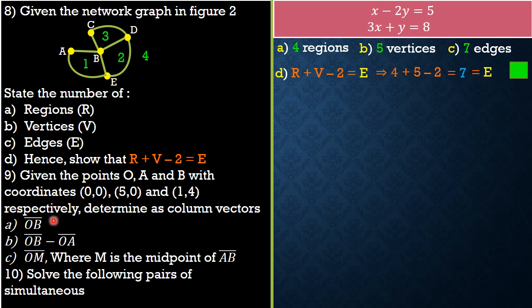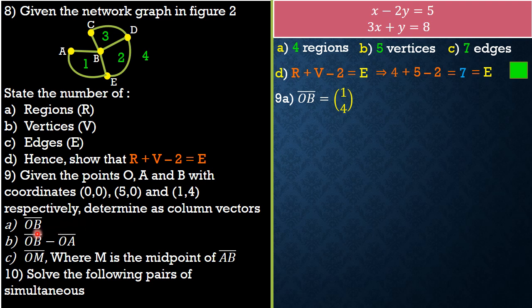So OB is simply going to be the distance from O to B. To get this done, our OB as column vectors is simply going to be the vector B. When we write the vector form, we are therefore going to have just 1, 4. So 1 is going to be the I component and 4 is going to be the J component. If you write it as column vectors, we are going to have (1, 4).